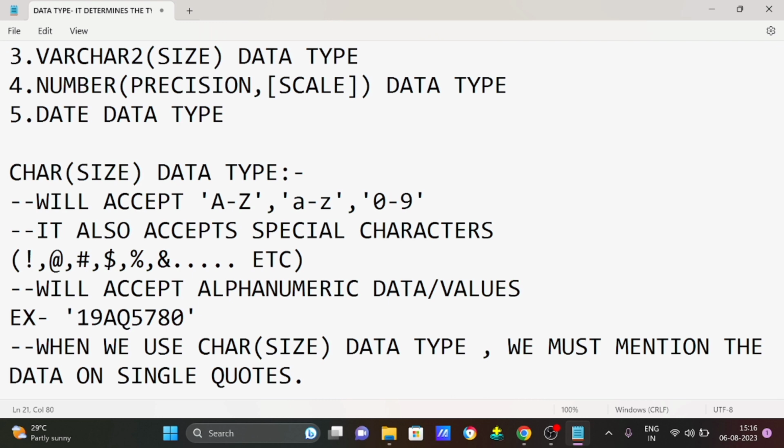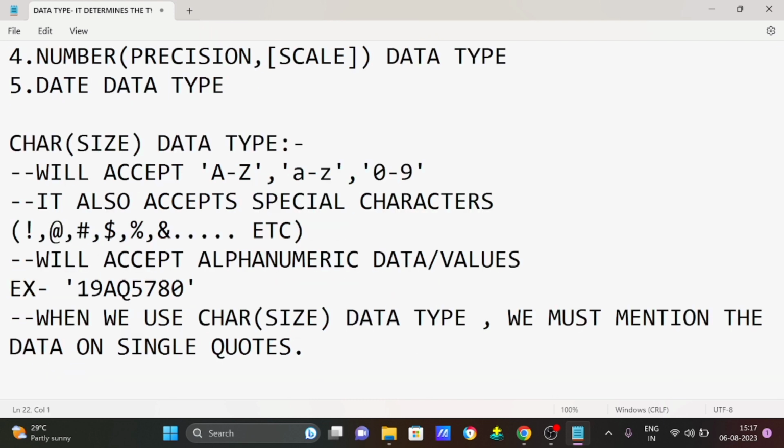I think you all can understand what this point exactly means. It means whenever we try to mention the data using char of size data type, then it's very important for us to mention the data, to enclose the data, using single quotes. So whatever the data is written using char data type, we have to mention it in single quotes.